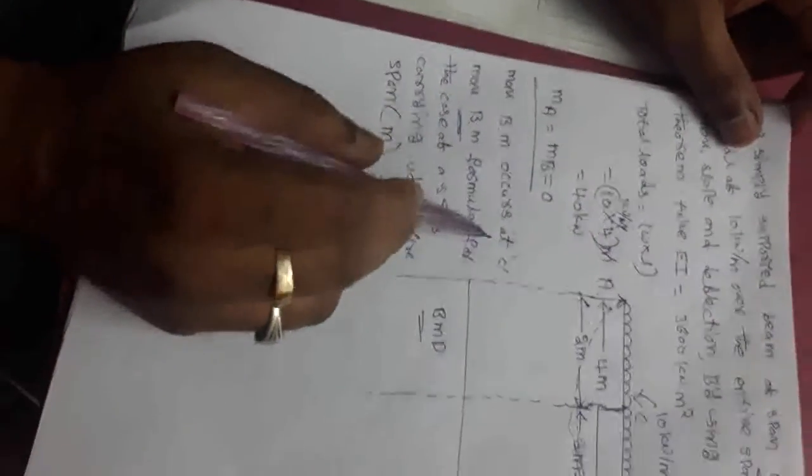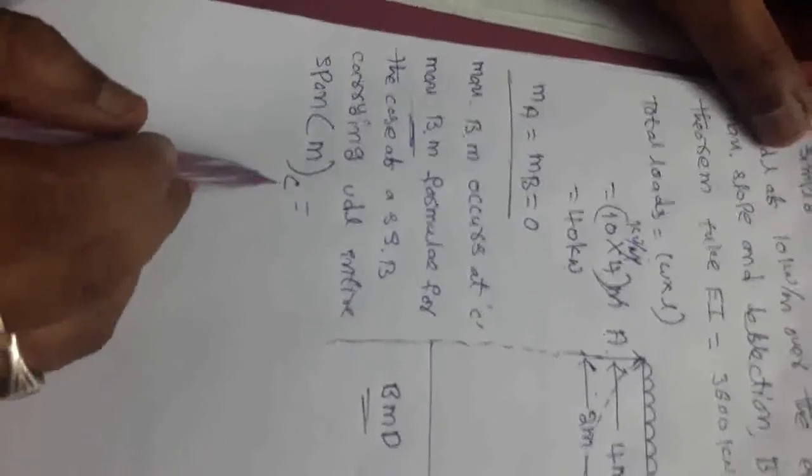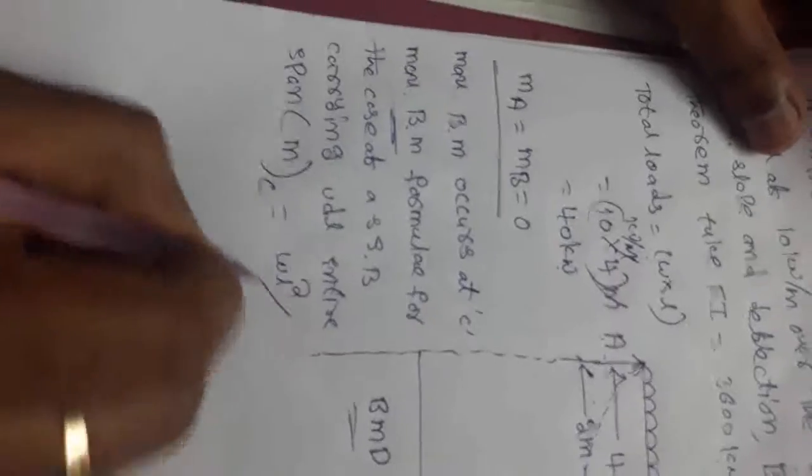The maximum bending moment occurs at C. You all know the maximum bending moment formula for a simply supported beam carrying UDL over the entire span. This maximum bending moment is denoted at C, so you can write MC. The MC formula is WL square by 8.